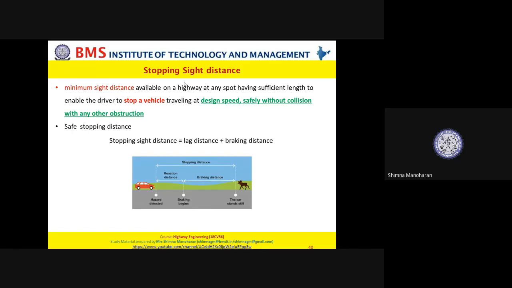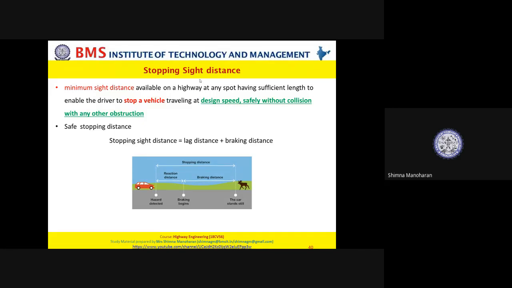Okay. So stopping side distance is the minimum side distance that will be available on any carriageway at any spot having sufficient length such that the driver is able to stop the car. And there is again one more condition. This minimum side distance is such that the driver is traveling at the design speed. Okay. And he or she should be able to stop the vehicle safely without any collision with the obstruction.